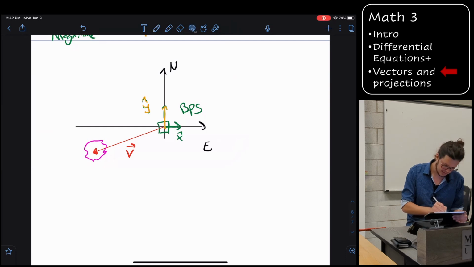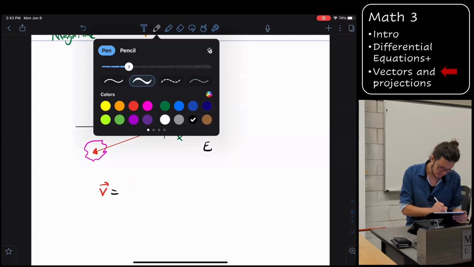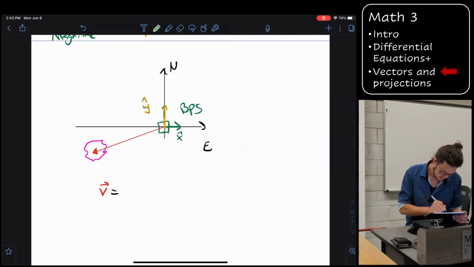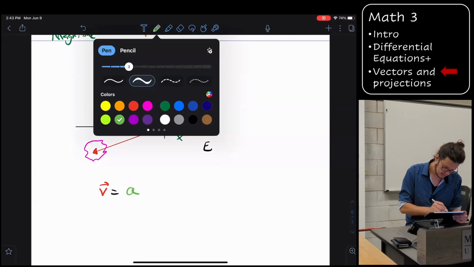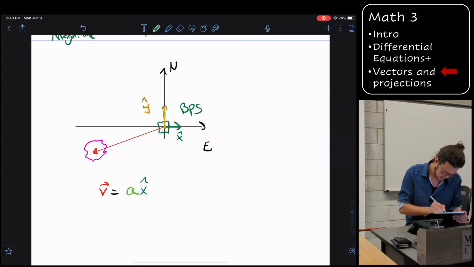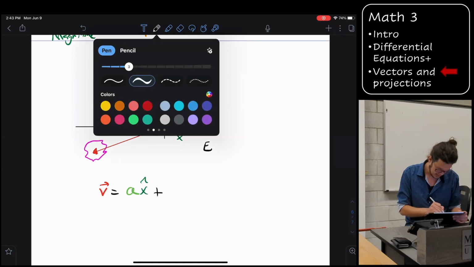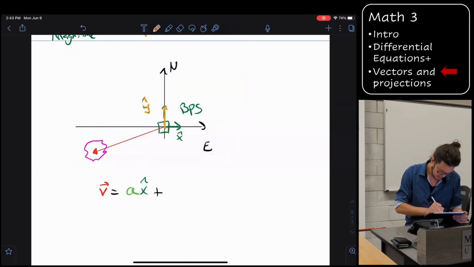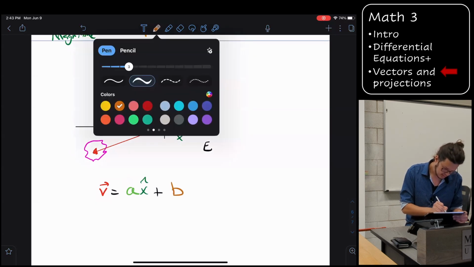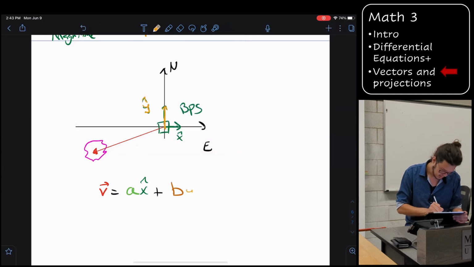So I can say this vector v is going to be equal to some number, a, in the direction x hat, plus another number, b, in the direction y hat.